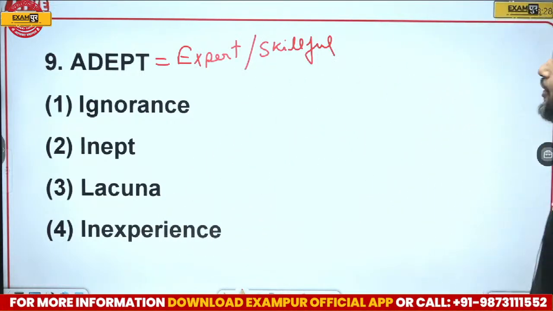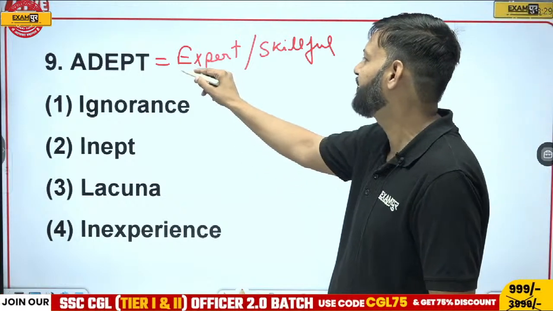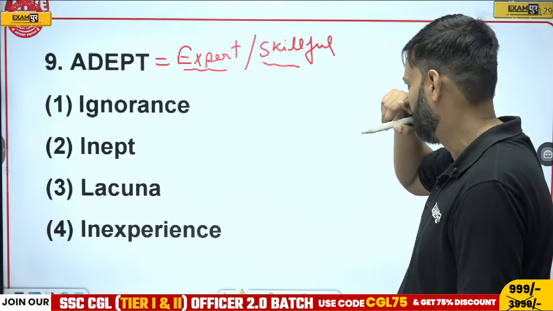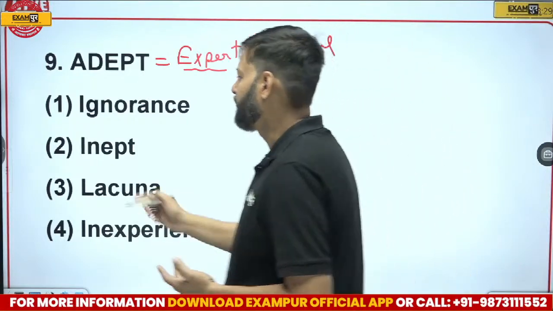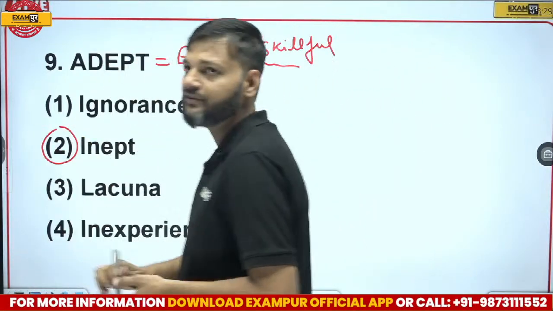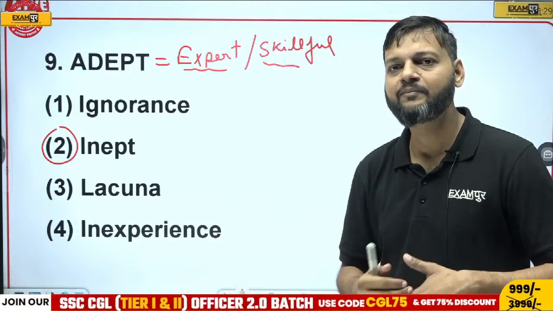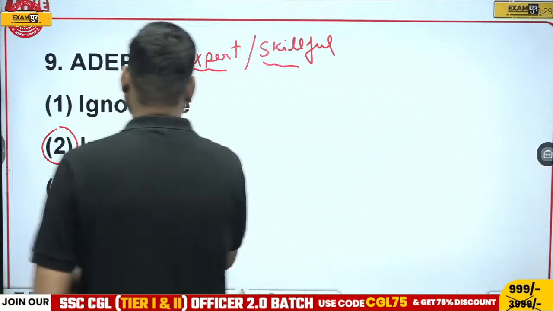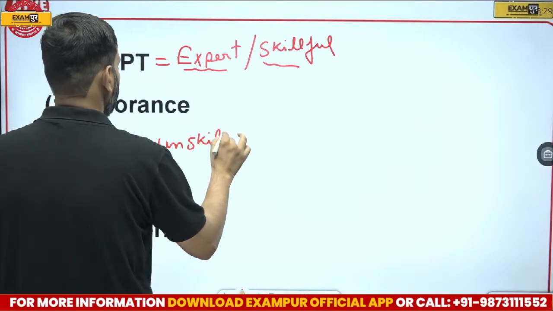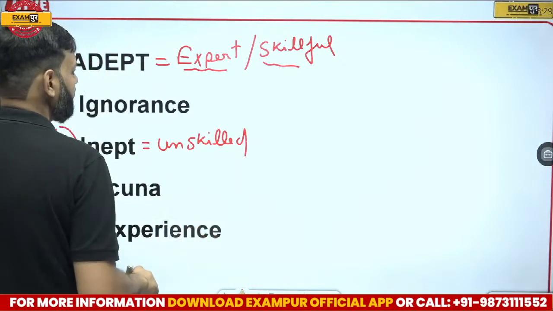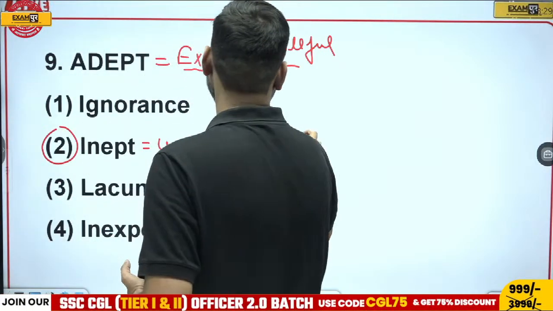Adept means expert or skillful. So its antonym is inept. Inept means unskilled. Or one more word is there, novice.